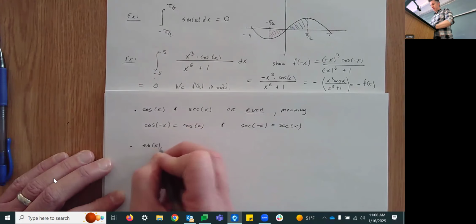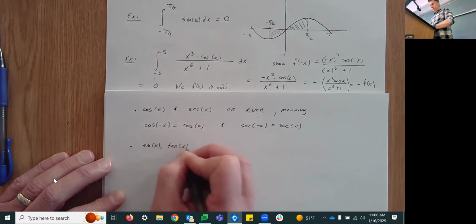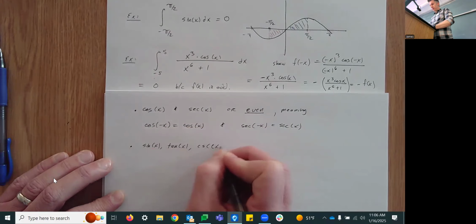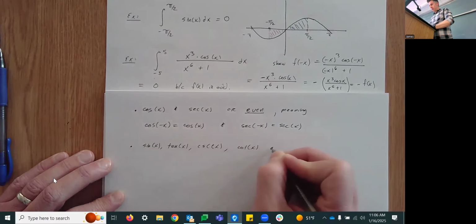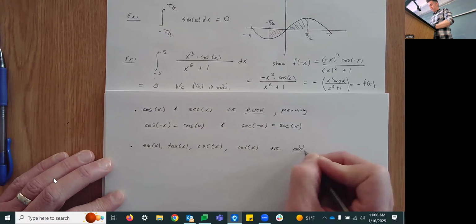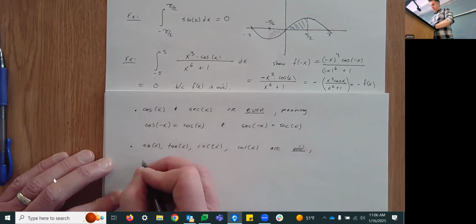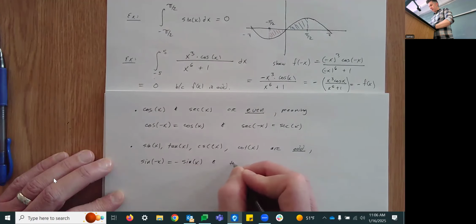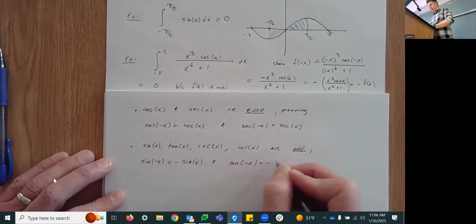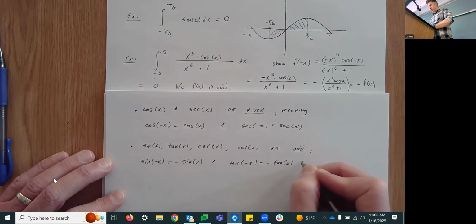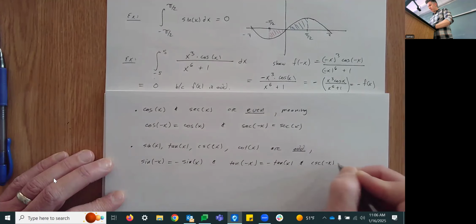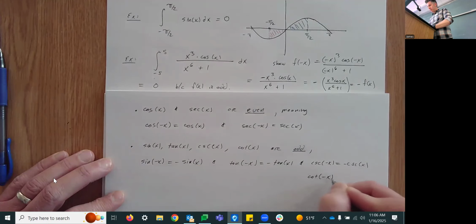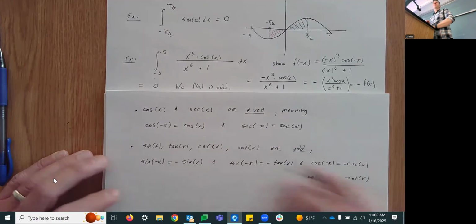The sine of x, tangent of x, cosecant of x, and cotangent of x are all odd, meaning that sine of -x is equal to negative sine of x. And tangent of -x is equal to negative tangent of x. And cosecant of -x is equal to negative cosecant of x. And cotangent of -x is equal to negative cotangent of x.